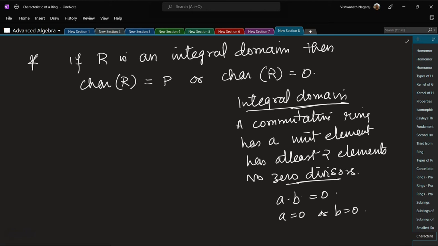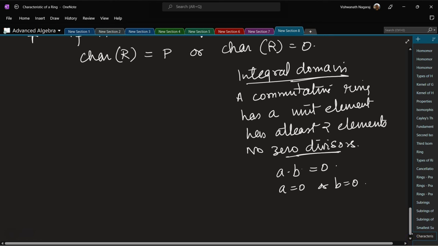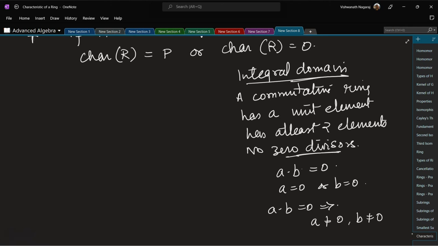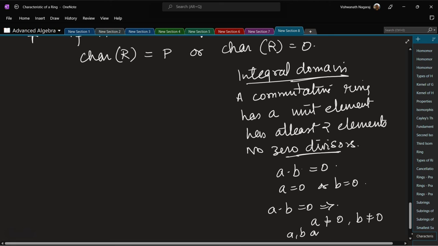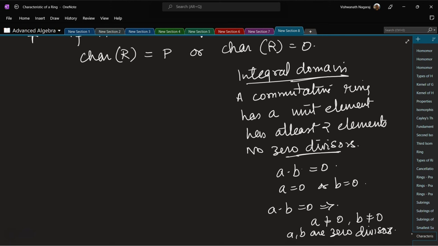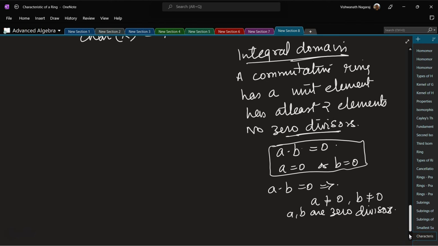Whereas if there is a zero divisor, A times B equal to 0 implies A is not equal to 0 and B is not equal to 0. If that is the case, then we say that A and B are zero divisors. No zero divisors means this, right? This is the normal thing that we have been using throughout our high school and all that.